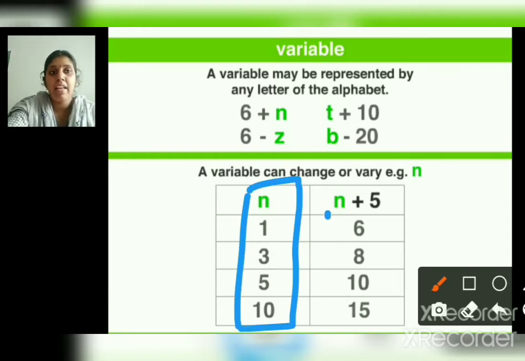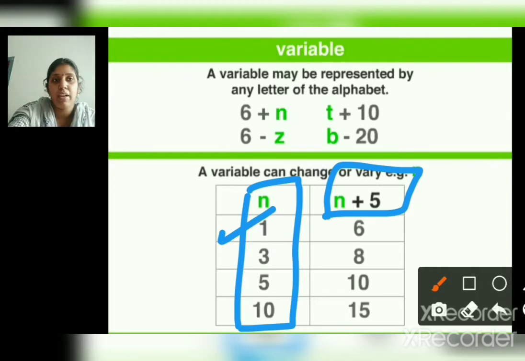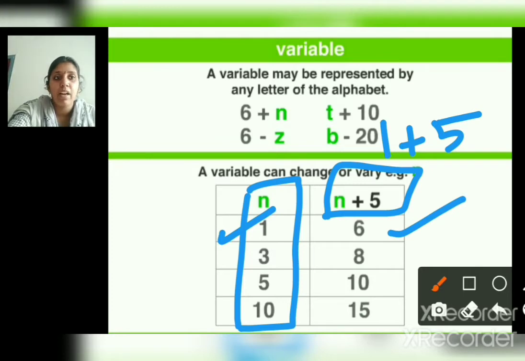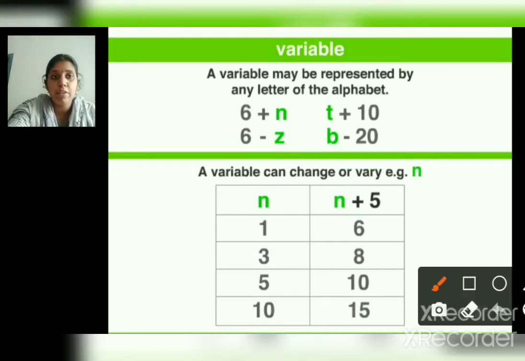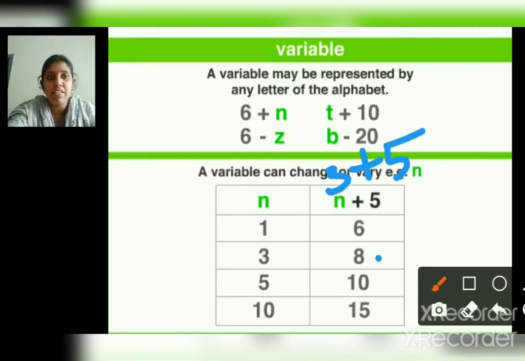In n plus 5, when you put n is equal to 1, so 1 plus 5, you get 6 there. Clear? Now next one, n is equal to 3, so 3 plus 5 is 8.